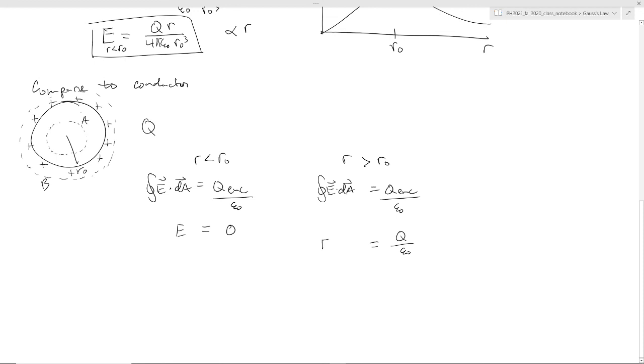This would just become E 4 pi r squared, E is Q over epsilon naught. So this is for r greater than r naught, and this is for r less than r naught.